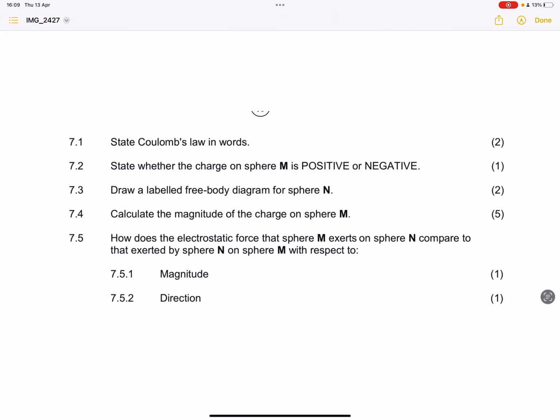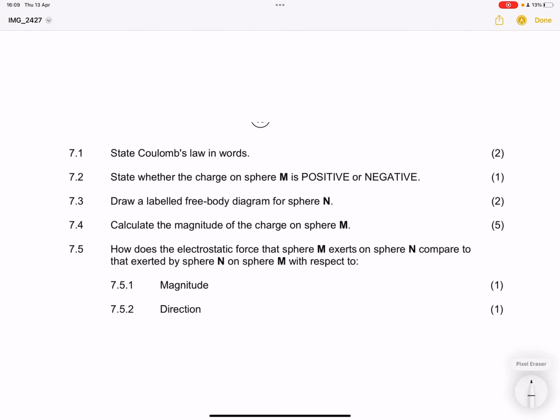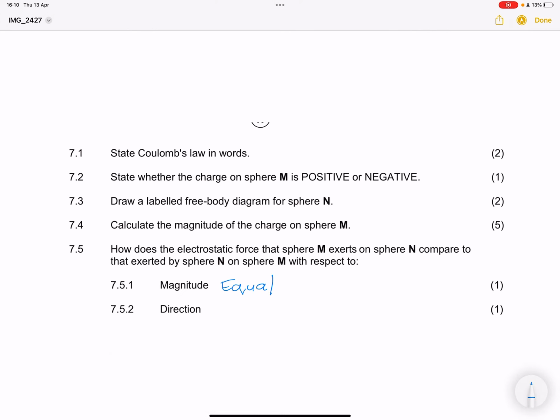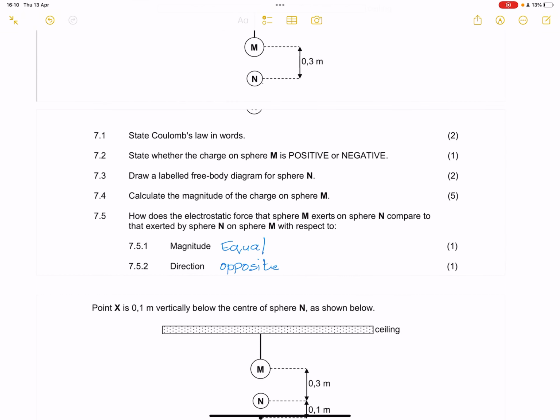Now remember, in terms of magnitude, they are equal, so the force that M exerts on N is equal to the force that N exerts on M. And what about direction? They are opposite. Remember, according to Newton's third law, body A exerts a force on body B, and body B exerts an equal but opposite force. In this case, it's M and N, so they are opposite in direction.